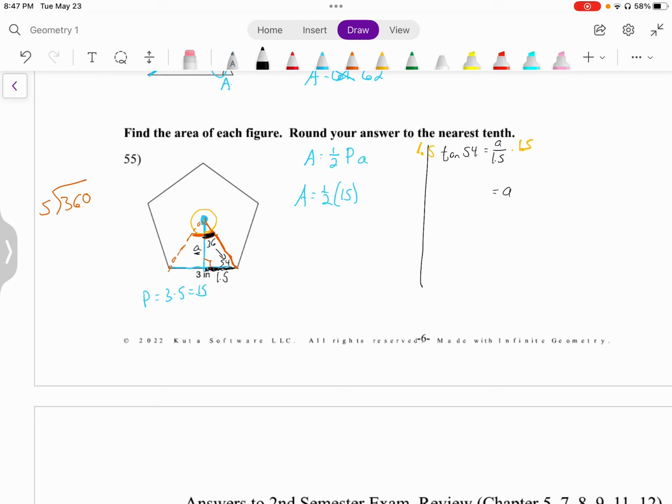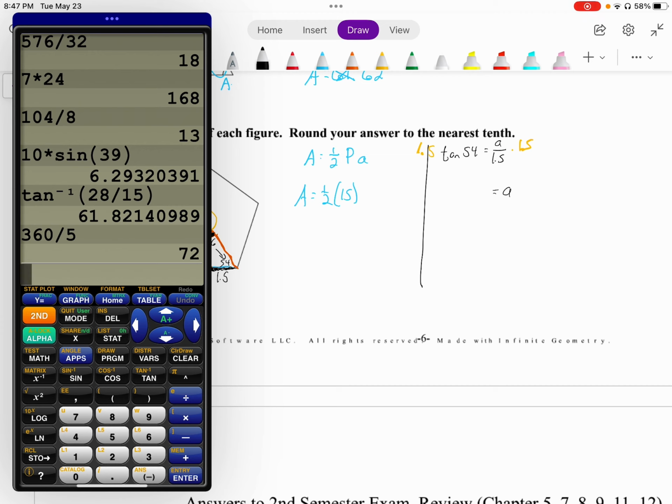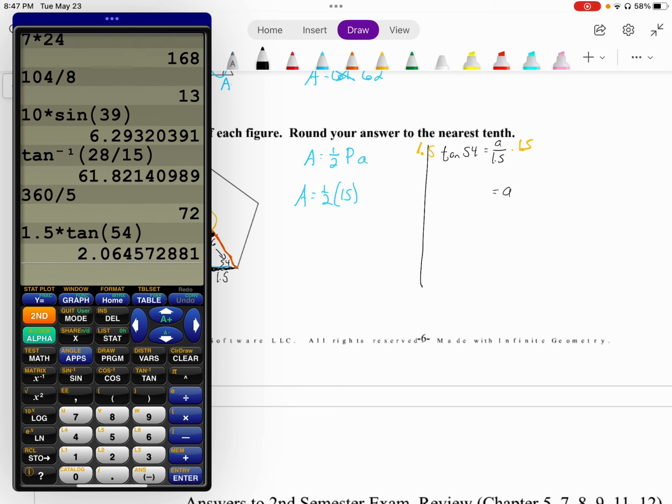So the apothem is 1.5 times the tangent of 54. The apothem is 2.065. I know I'm going more than the 10th, but I like to be accurate, a little more precise here. So my answer doesn't get off at all, which I don't think it would.